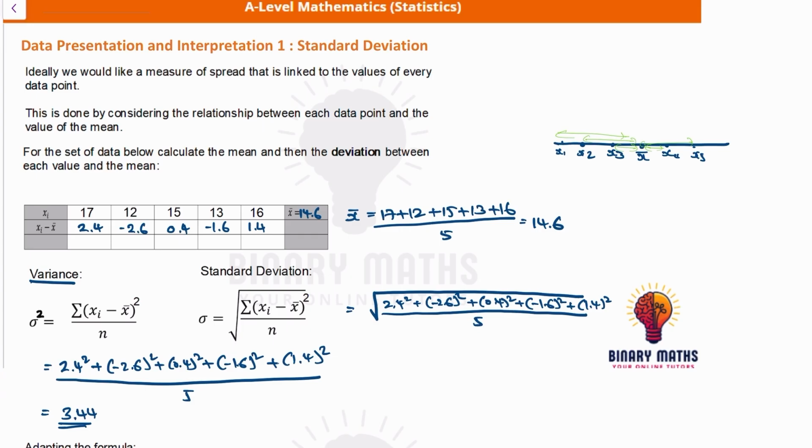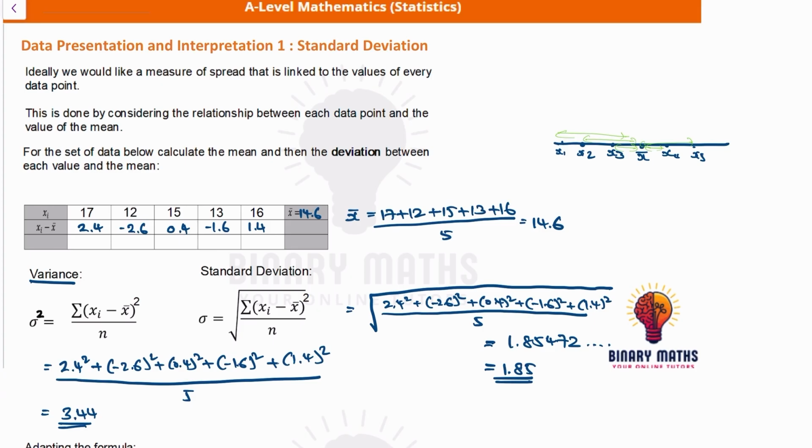Just be very careful, the square root is for the whole thing. So the 5 in the denominator is also underneath the square root. Putting this into my calculator, I get 1.85472 going on forever, which to two decimal places is 1.85. And when you square 1.85, you get 3.44.